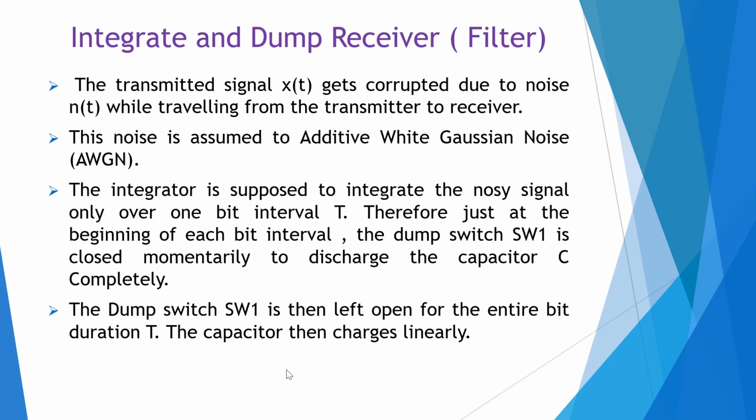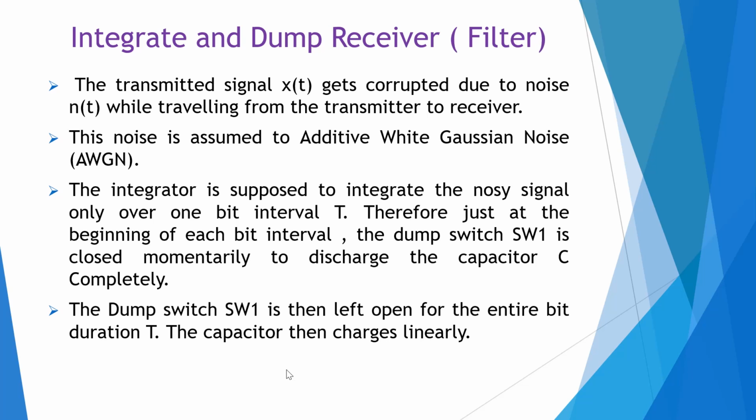Now we are going to start with one of the techniques, that is the integrate and dump receiver. The transmitted signal x of t gets corrupted due to noise n of t while traveling from the transmitter to the receiver. So here we consider the input signal x of t and the noise which is added, n of t.